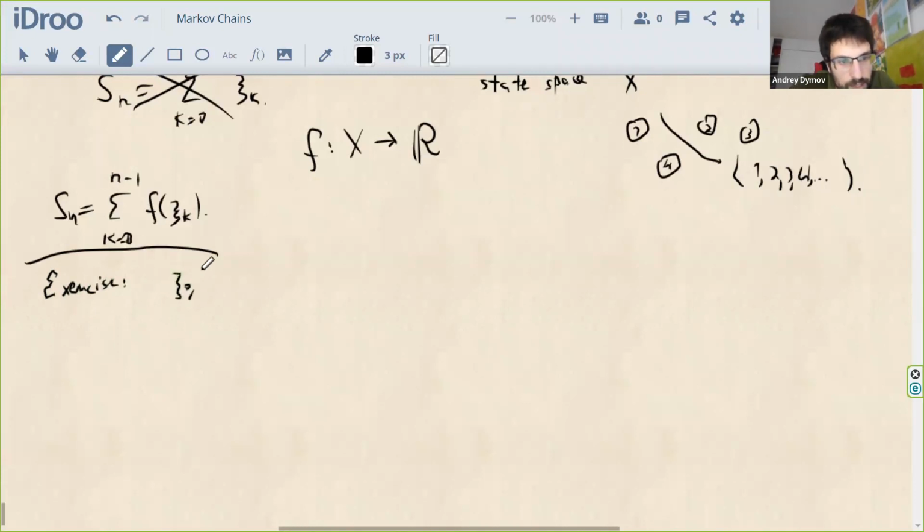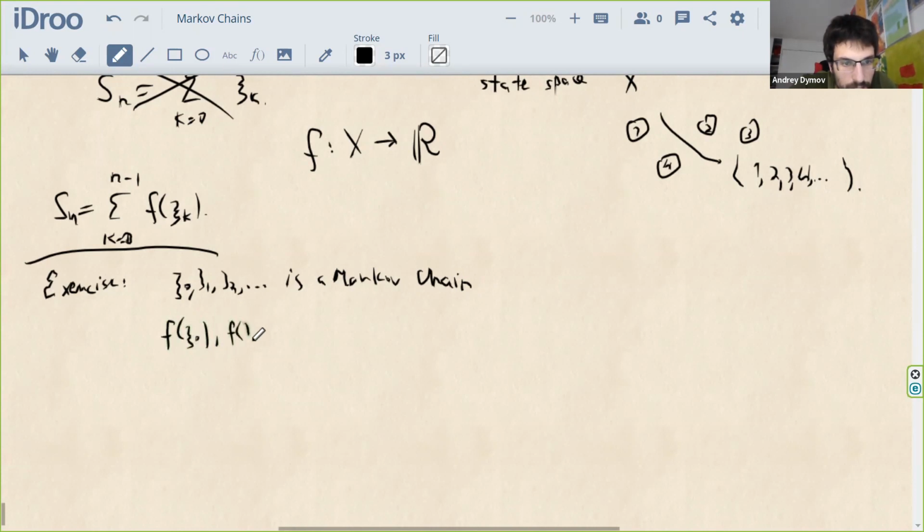Look, if psi 0, psi 1, psi 2, etc. is a Markov chain, is it true that f of psi 0, f of psi 1, f of psi 2, etc. also is a Markov chain?